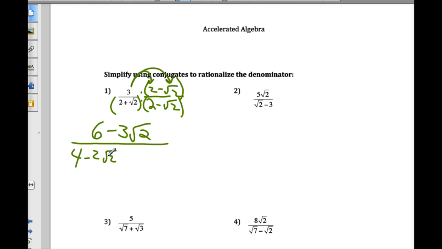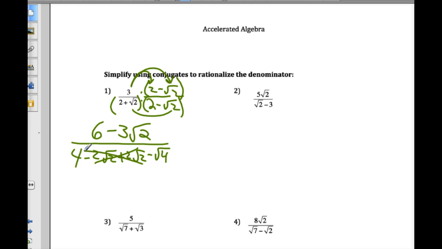Inside: plus 2 radical 2. People, realize your middle two terms are always going to be the opposite of each other. Last: radical 4, so be careful with your sign. Minus radical 4, which will become a 2 in a minute.